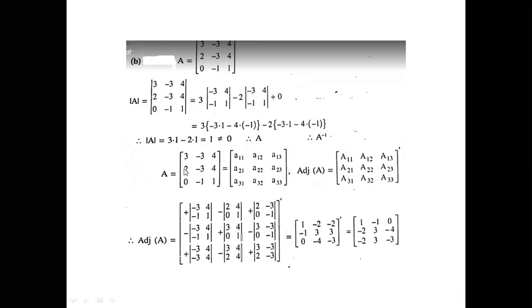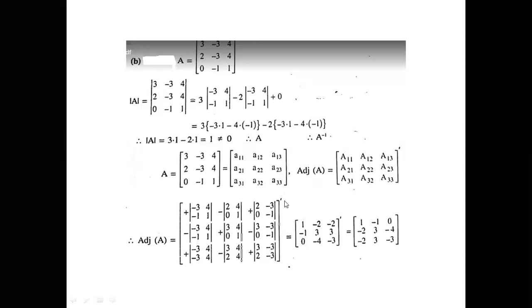Now the cofactor of 0: we cancel out this column, this row, leaving minus 3, 4, 4. Now minus 1: we cancel out this column, this row, leaving 3, 2, 4, 4. And finally, the cofactor of 1: we cancel out this column and this row. What remains is 3, 2, minus 3, minus 3.